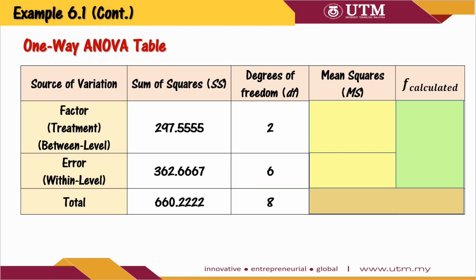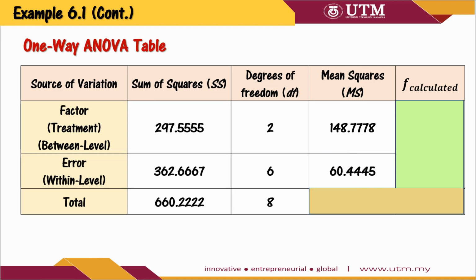Now dividing the second column by the third column, you will get the values of mean squares in the fourth column. Therefore, the treatment mean square MSTRT is SSTRT divided by 2, giving you this value, whereas the mean square error MSE is simply SSE divided by 6, which gives you this value.